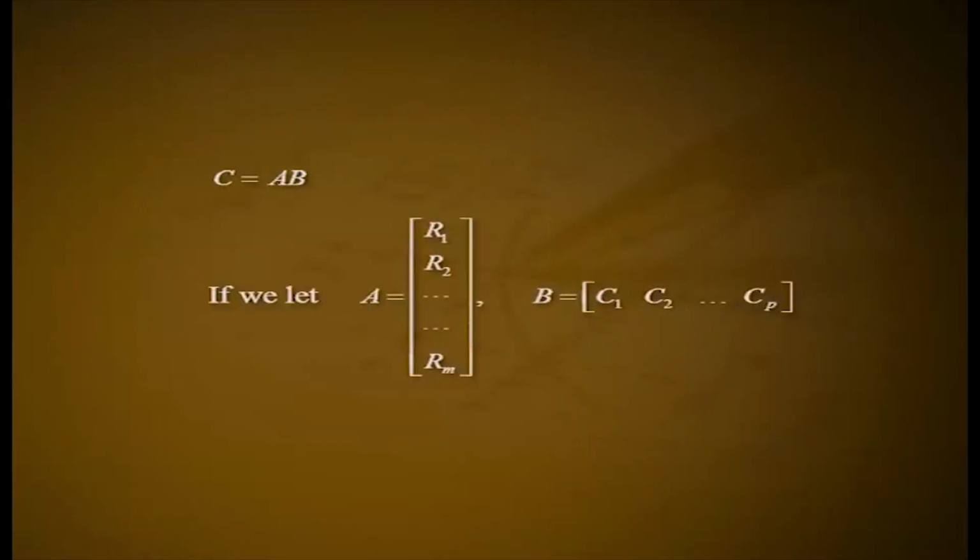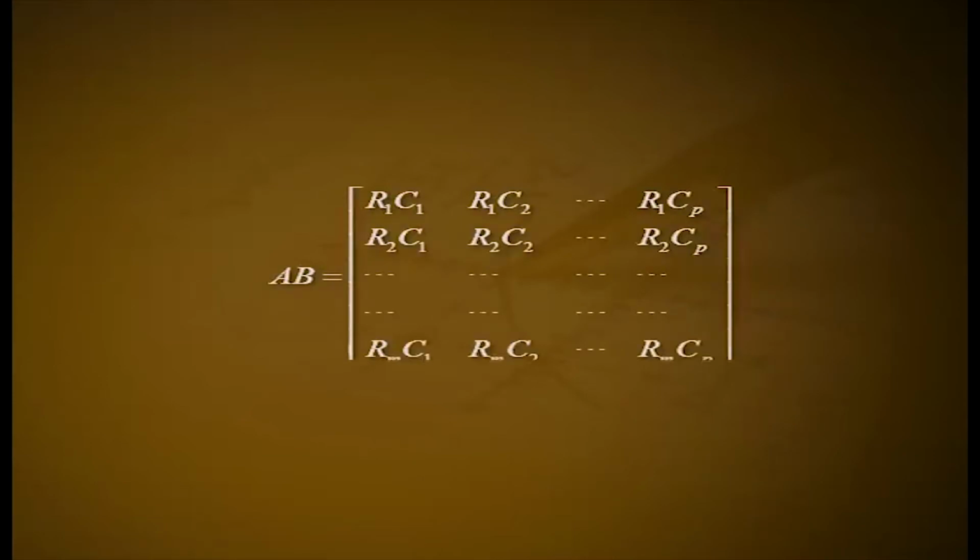If we let A be the column matrix R1, R2, etc. Rm, and B = C1, C2, etc. Cp, then AB = R1C1, R1C2, etc. R1Cp, R2C1, R2C2, etc. R2Cp, etc. RmC1, RmC2, etc. RmCp. This representation of the matrix AB shows that if the columns C1, C2, etc. Cp are subjected to an elementary column transformation, then the columns of AB are also subjected to the same column transformation. This completes the proof.